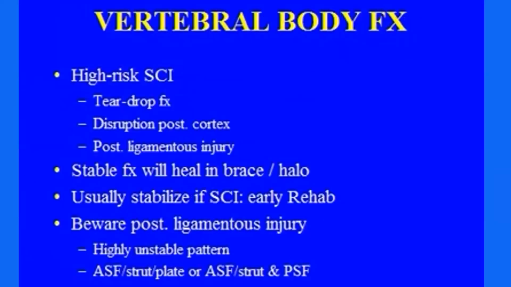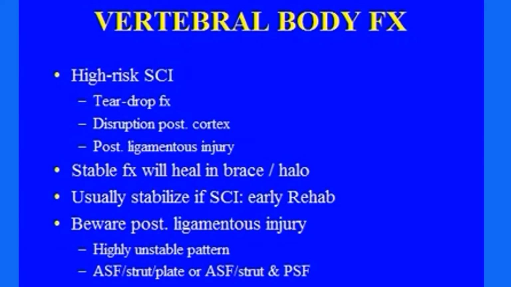What about the vertebral body fractures? These fractures have a high association of spinal cord injuries. You have the teardrop fracture, disruption of the posterior cortex, and posterior ligamentous injuries.